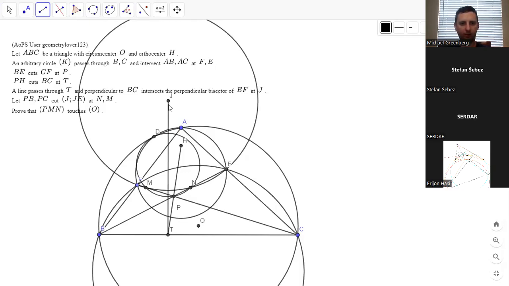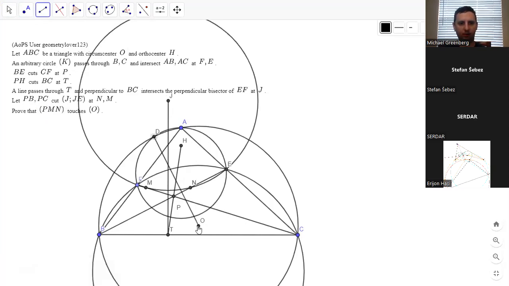This is the perpendicular bisector of EF. We could just say J is the center of the circle. Maybe this is a little more approachable. Basically we define D to be that point, and then we want to show that the circumcircle of DMN is tangent at D.